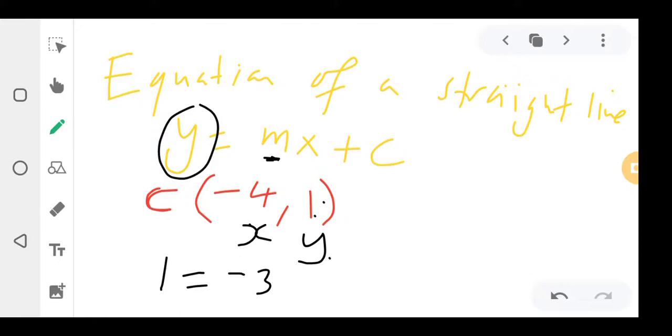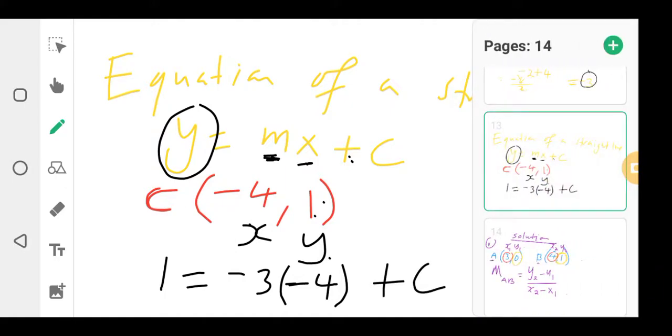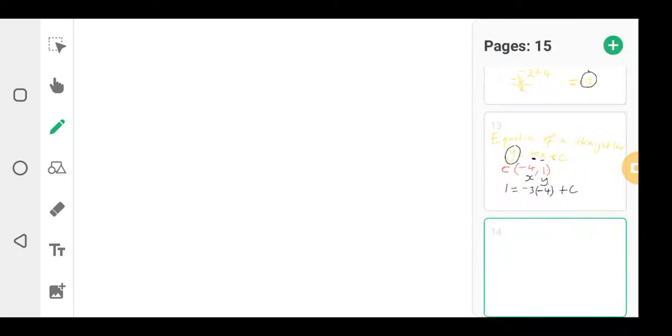And then x. You can see x is negative 4. So here, I put negative 4 on x in brackets plus c. So it's all for c. So we have 1 is equal to negative 3 times negative 4 in brackets plus c.